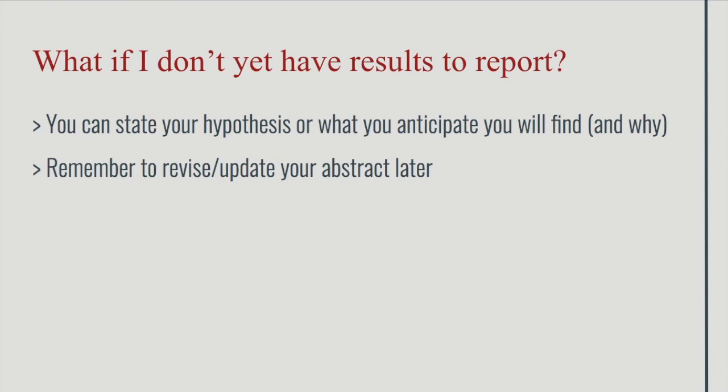Because you haven't gotten to that stage yet, but you're still writing the abstract early. So if that's the case for you, the thing that I would recommend is that you just state your hypothesis or what you anticipate you're going to find and why, rather than the findings or results statement in the abstract.